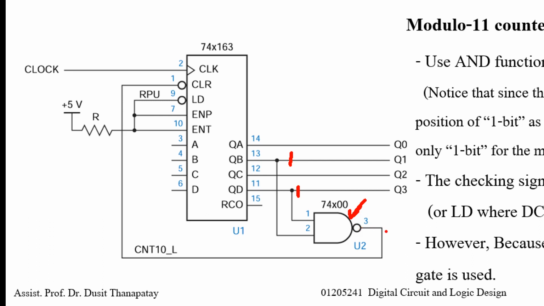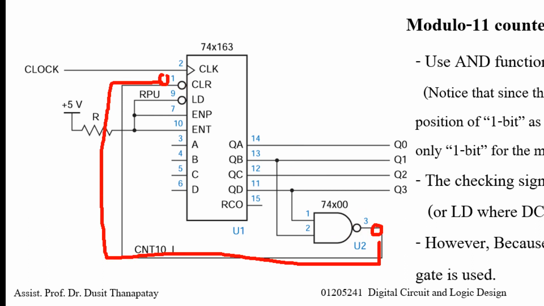Because we want to connect to clear, and clear is active low, we must use an active low output also. That means when it counts to 1 0 1 0, this output will be 0, or active. Then it makes clear active. This IC has synchronous clear, so it waits for the clock tick.